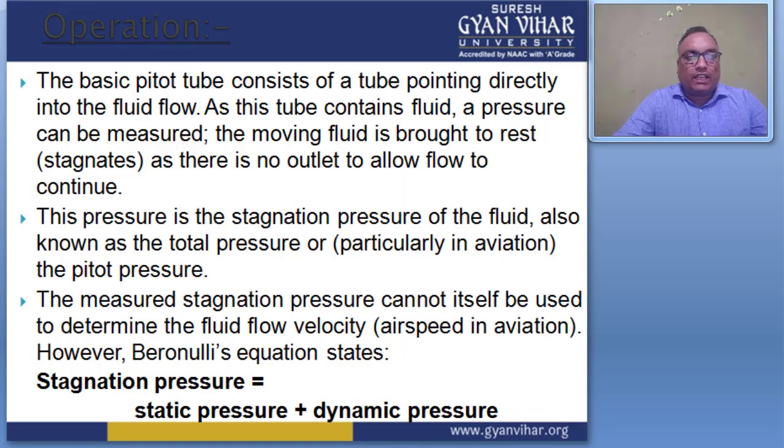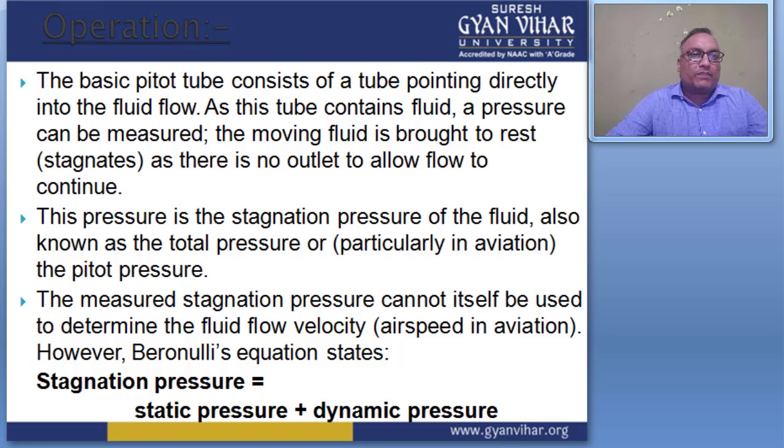This is the operation of the pitot static tube, which directly measures the flow velocity inside the fluid. As this tube contains fluid, a pressure can be measured, and the moving fluid is brought to rest, stagnates, as there is no outlet to allow flow to continue.